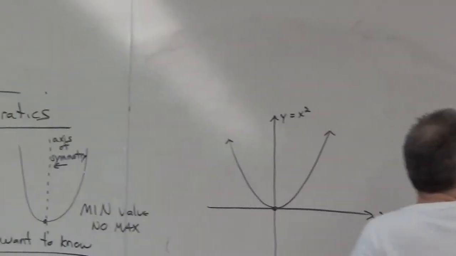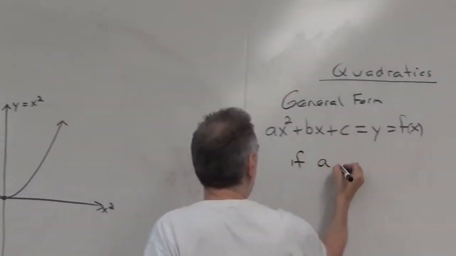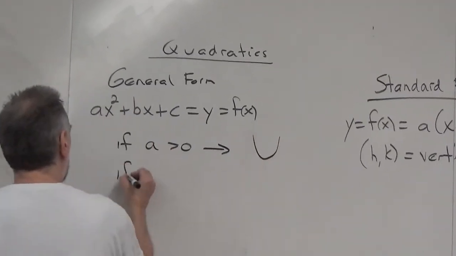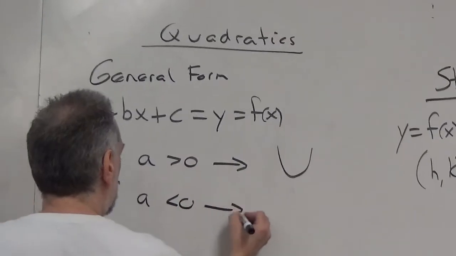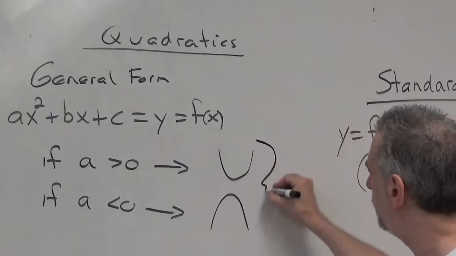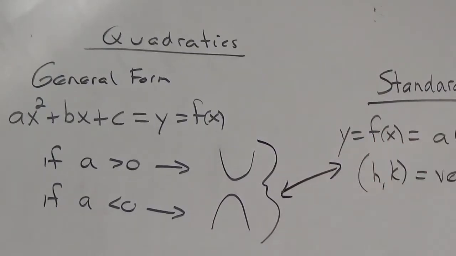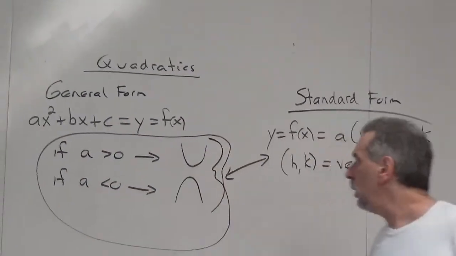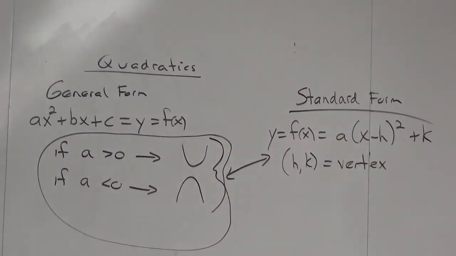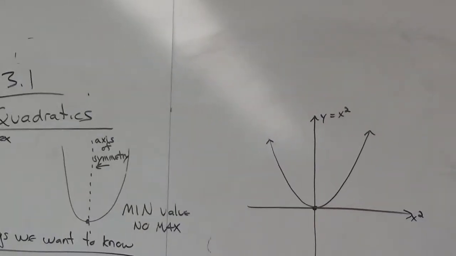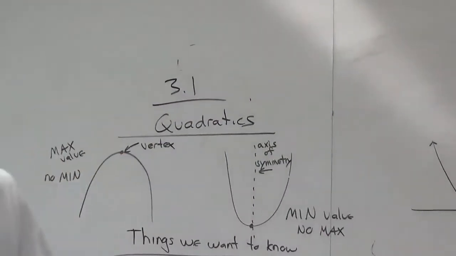So if a is greater than 0, the parabola opens upward. If a is less than 0, the parabola opens down. And that's the same for this also. All right, so we want to be familiar with both of these forms. We want to be able to work with both of these forms to find the vertex, axis of symmetry, any x or y intercepts, and sketching a graph of the function.